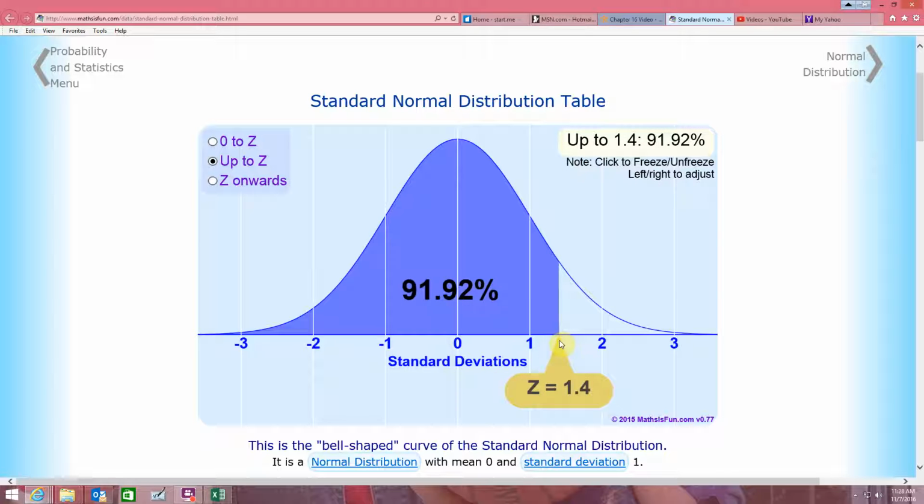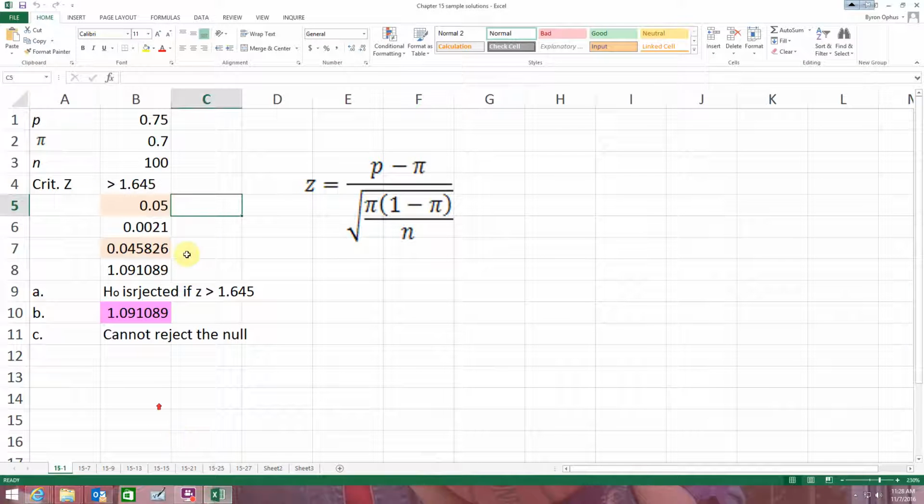I come up here where I'm watching the percentages, and I want 95%. I'm pretty close, 1.64, and there we go. It's between 1.64 and 1.65, exactly between those. So the critical z then is greater than 1.645.